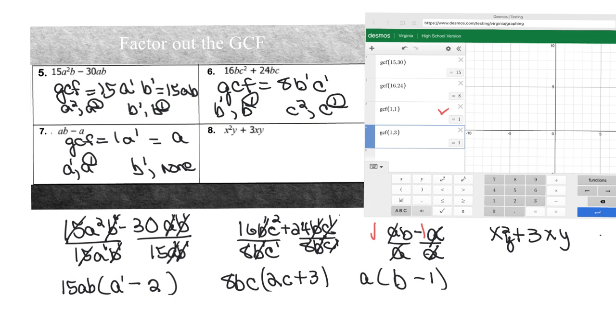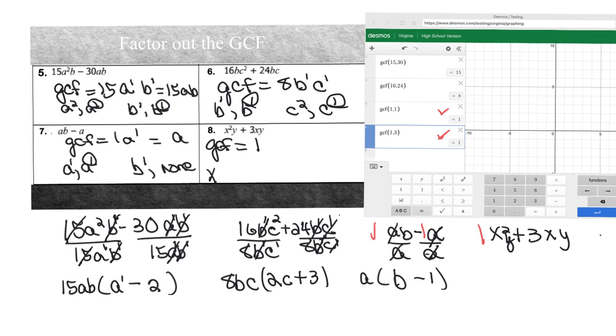Okay, on the next example, same as before, the first term does not have a number in front. It is understood to be a 1. So I typed into Desmos the GCF of 1 and 3, and it gave me 1. Therefore, my GCF is 1. I look now at my variables.